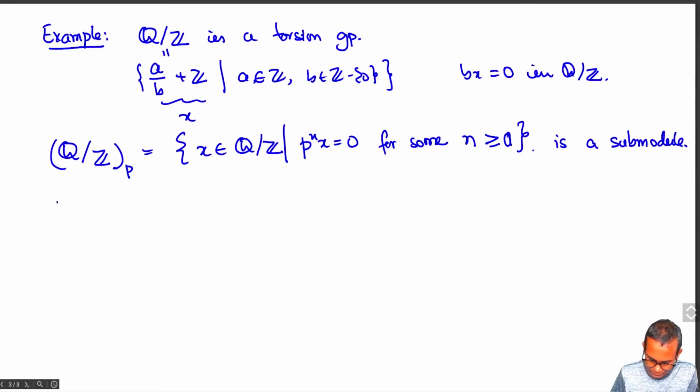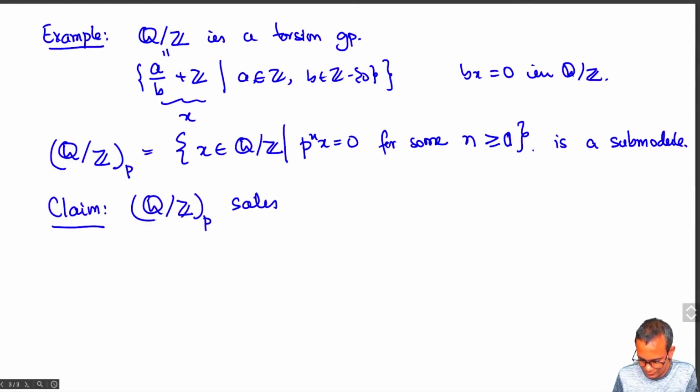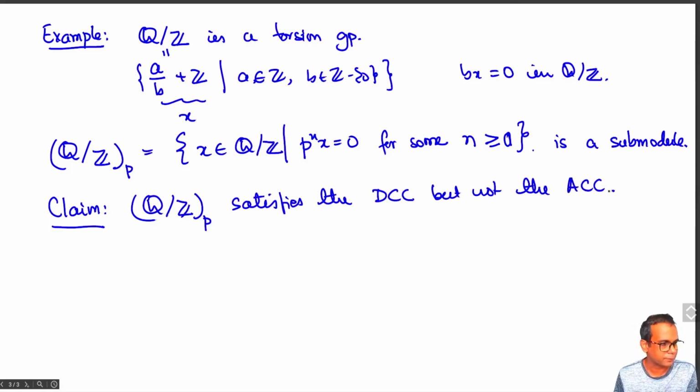I claim that Q mod Z_p satisfies the DCC, descending chain condition, but not the ascending chain condition. To prove this, you use the following fact, which I will leave as an exercise for you to do.